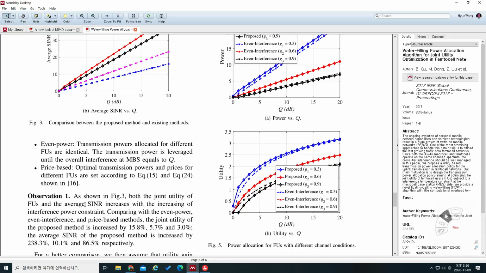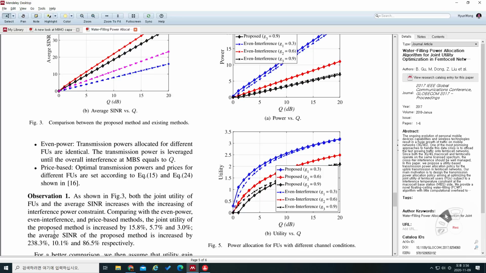SINR increase with the increasing of the interference power constraint, compared with the even power, even interference, and price-based methods. The joint utility of the proposed method is increased by 15.8%, 5.7%, and 3.0%.